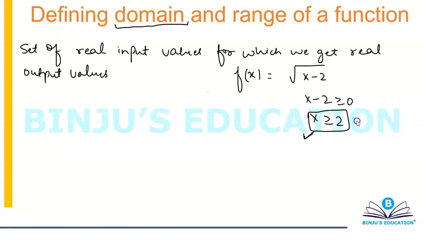So this will be the domain of the function. Any value from 2 to infinity, when plugged into root of (x minus 2), is going to give you a real output value. So the domain is simply 2 to infinity, including 2.